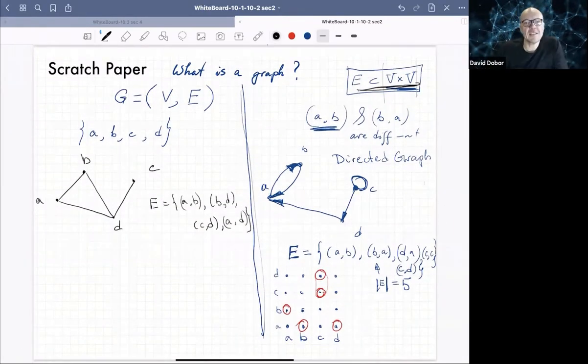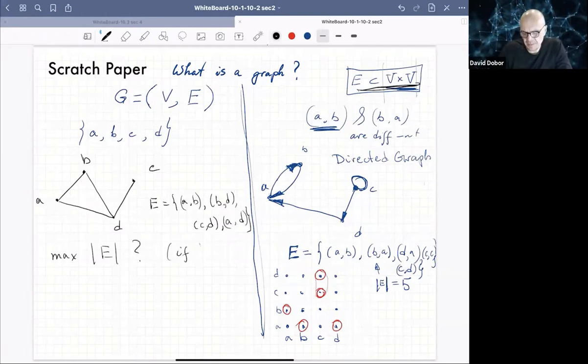What's the maximum number of edges I can have? Let's say the number of elements in V is 4, just this example that we have on this slide now, and then we'll generalize in a second. So what's the max number of edges that I can have?